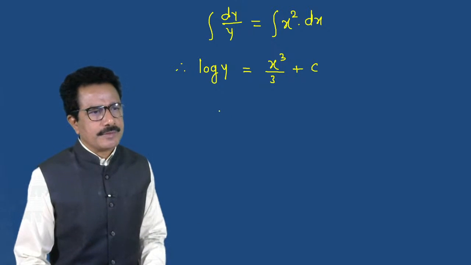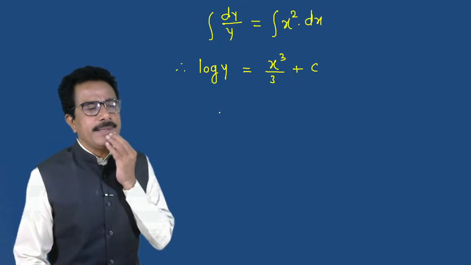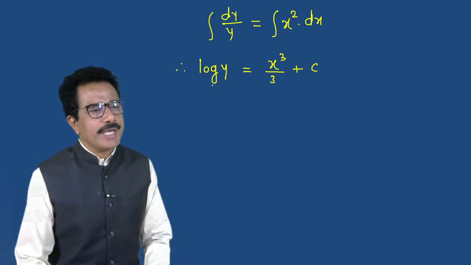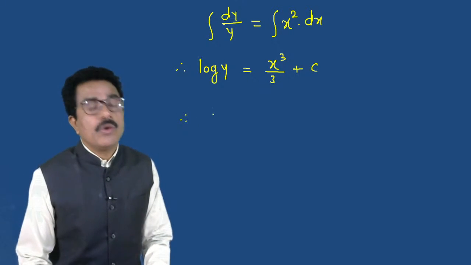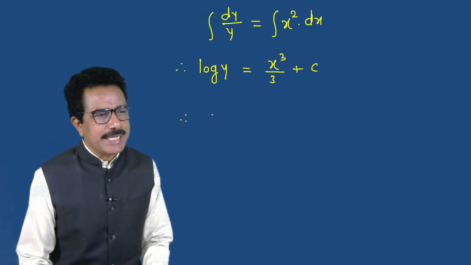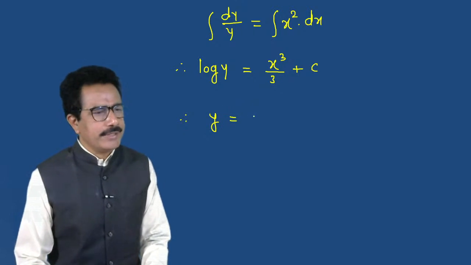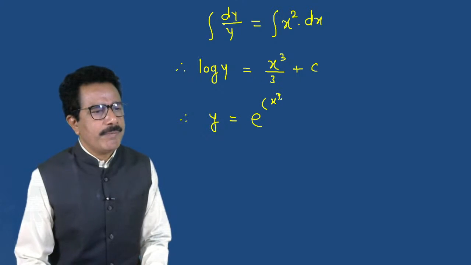Okay, x cube by 3 plus c. So you can write this as log y. log y म्हणजेच काय लिहिता येईल? एक्सपोनेन्शियल फॉर्म मध्ये घ्या. y इज इक्वल्स टू, व्हेरी गुड, e raised to x cube by 3 plus c.